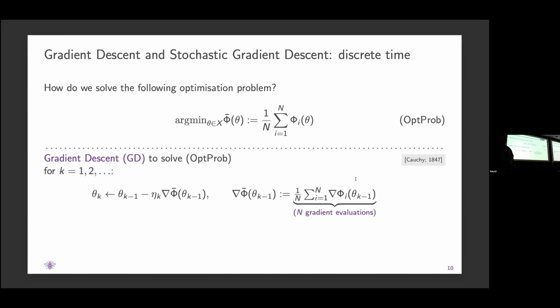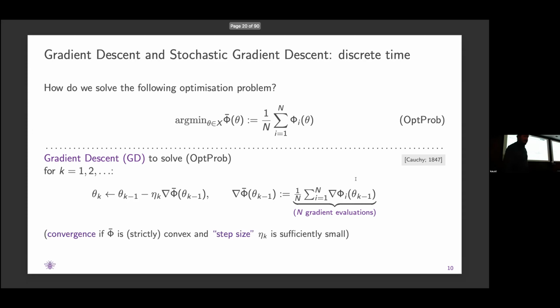Of course, the gradient of phi bar I can get as the mean of the gradients of all of the phi i's, which means that in every step I need n gradient evaluations. So if I do machine learning and I have 35 million data sets and I need to do 35 million backpropagations at every step, I will not be finished anytime soon training my neural network. So that's too expensive.